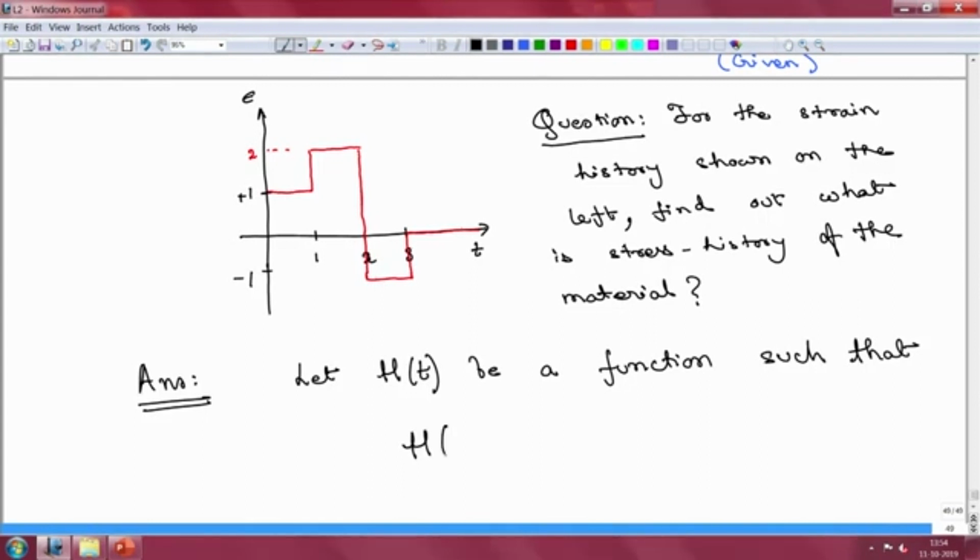This is the definition part of h(t minus a) equal to 0. This function takes two values. It takes a value of 0 for t less than a, and it takes a value of 1 for t greater than or equal to a.